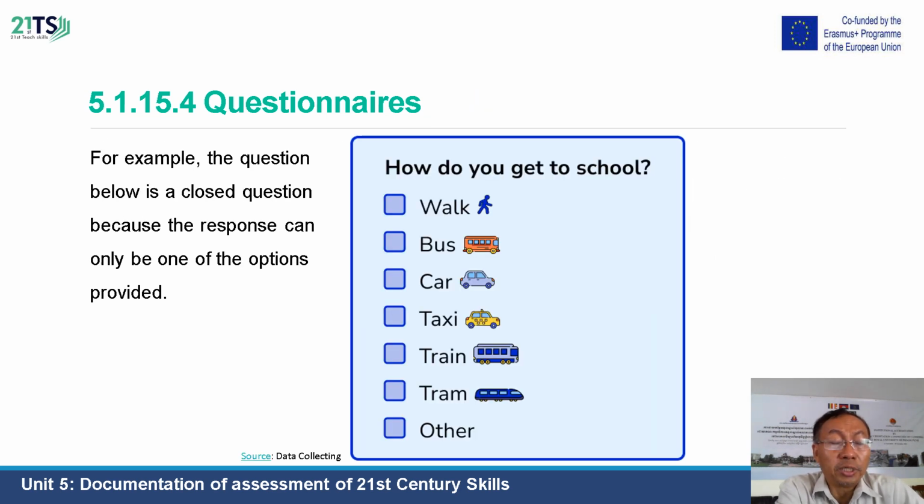Here is a questionnaire related to a closed question. For example, the question below is a closed question because the response can be only one of the options provided. When they were asked, "How do you get to school?" the respondents can tick one of the boxes and they cannot express their opinions on these transportations.